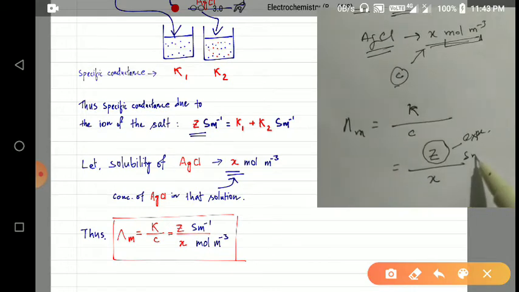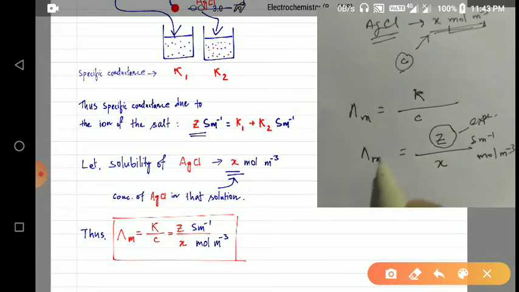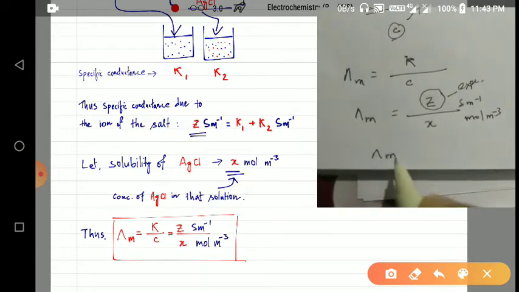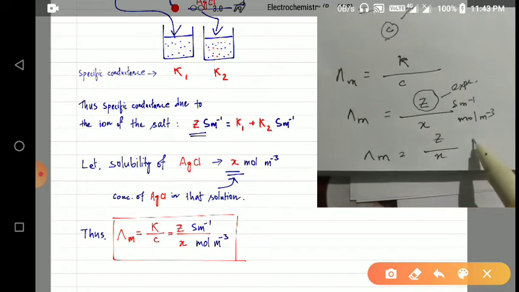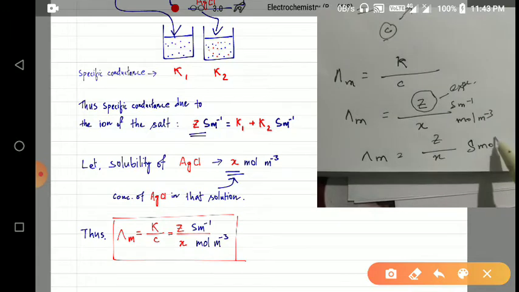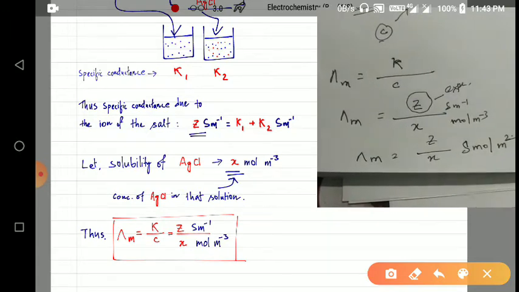So this is Siemens per meter, and this is moles per meter cube. This is lambda m. So lambda m is equal to Z by X, with unit Siemens per mole meter square.